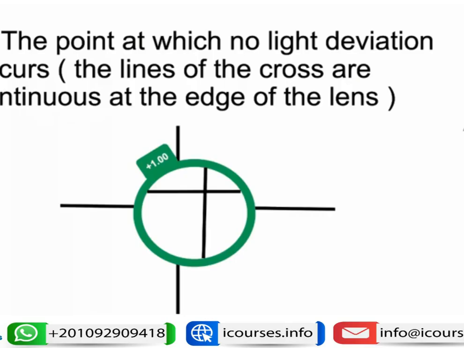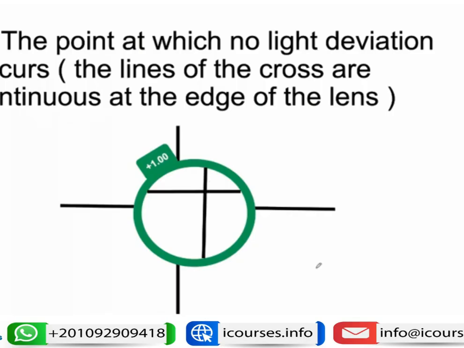So for example, let's say that this lens is a toric lens or a spherocylindrical lens that has different power in the vertical and horizontal meridians. Once you put the lens, you will find that there is displacement of the cross inside the lens.